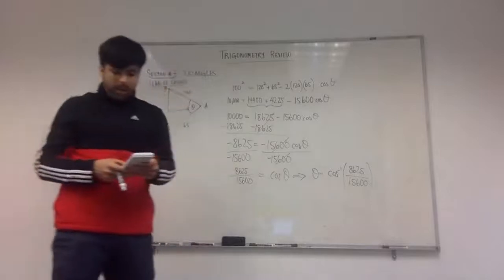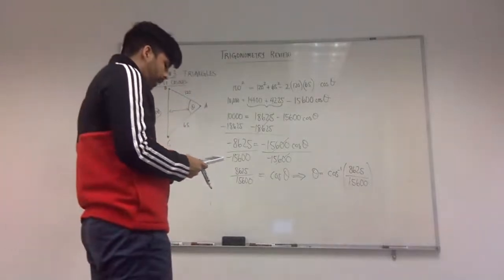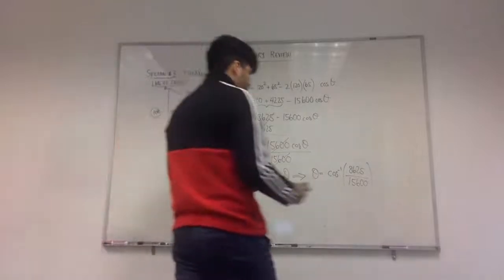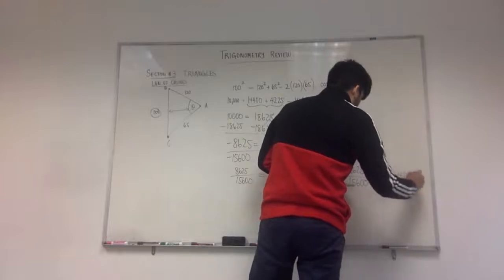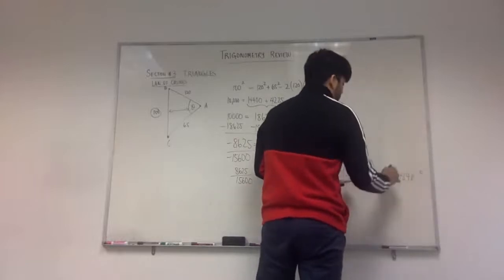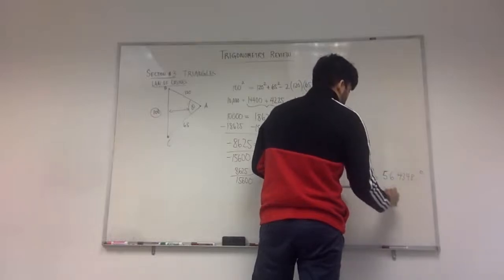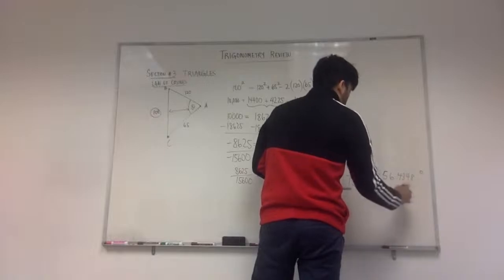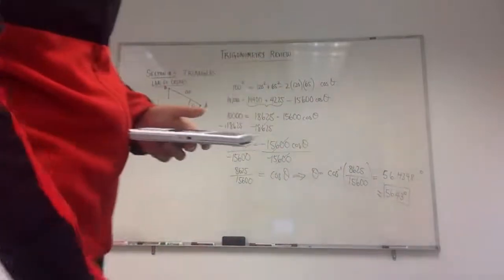When I use my calculator, I get that my angle is 56.434, and this goes on forever, degrees. So if I round it to decimal places, this is my angle.